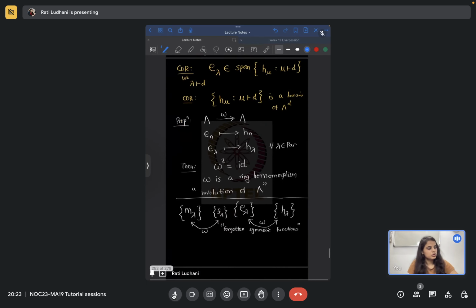So this is a ring homomorphism. Omega is a ring homomorphism, and which is an involution of lambda. So ring homomorphism, so it has been expanded linearly.